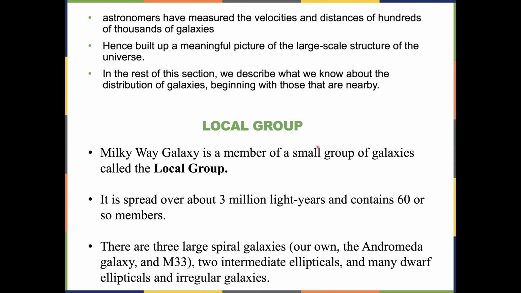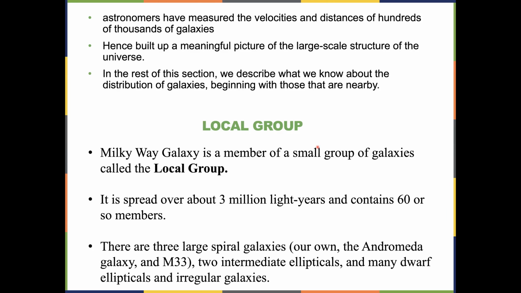And also astronomers have measured the velocities and distances for hundreds of thousands of galaxies. Because of that, they were able to build up a meaningful picture of the large scale structure of the universe, right? And this is what we are going to discuss today, how the universe looks in terms of the large scale.